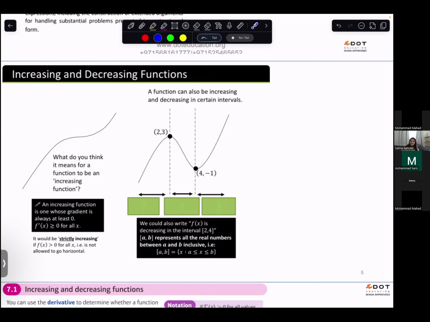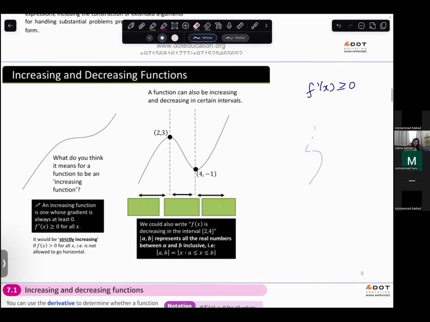But when can I say a function is strictly increasing? When f dash x is greater than 0 for all values of x. So for an increasing function, f dash x is greater than or equal to 0, but for strictly increasing, f dash x is greater than 0 for all values of x.